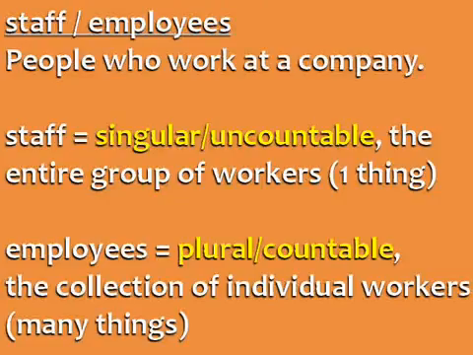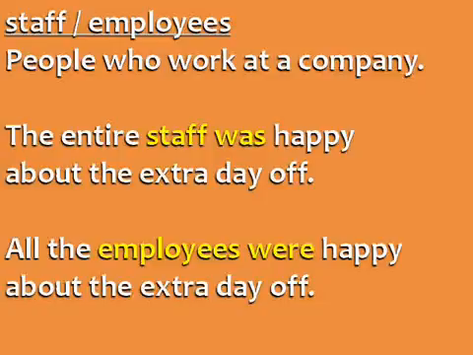Staff and employees. Both of these words refer to people who work at a company, but staff is always singular and uncountable. It describes the entire group of workers as one thing. Employees is countable and plural. It describes the collection of individual workers. The entire staff was happy about the extra day off.